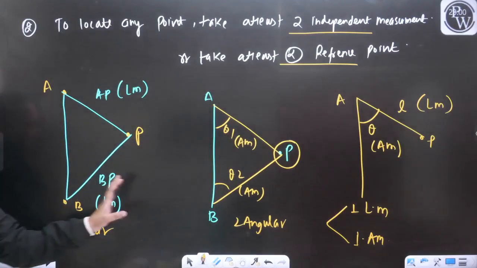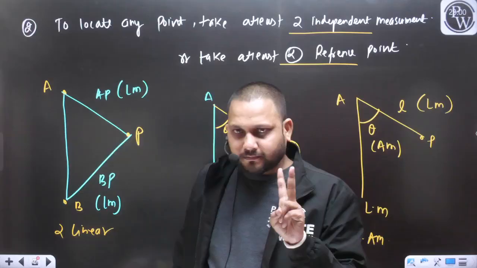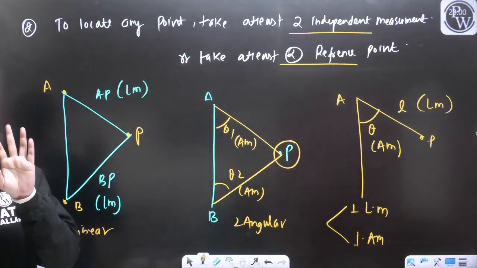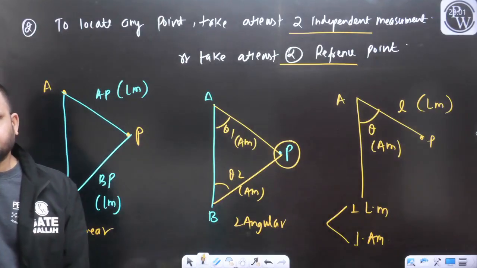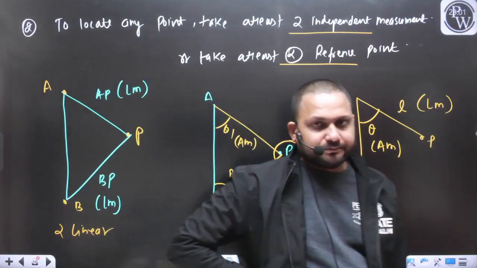So in all the cases, either we have considered 2 reference points or we have performed 2 independent measurements to define the position of any point accurately.